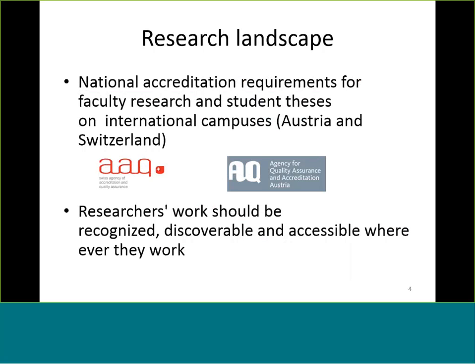This is the case for the Vienna campus in Austria, and I have here the Agency for Quality Assurance and Accreditation Austria logo, and it is at least partially true for the Geneva campus in Switzerland, and we have the Swiss Agency of Accreditation and Quality Assurance. In the United States, there has not been the same publishing pressure, but research is being recognized more and more. But whether required or not, your research should be recognized and appreciated, and also available.